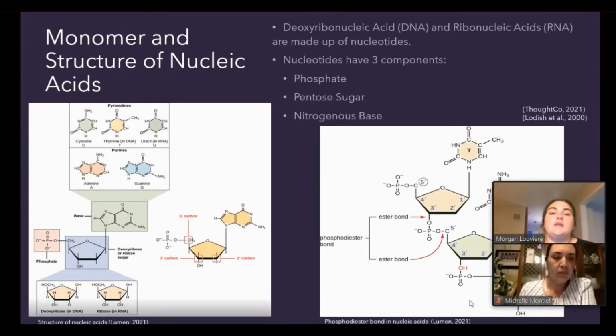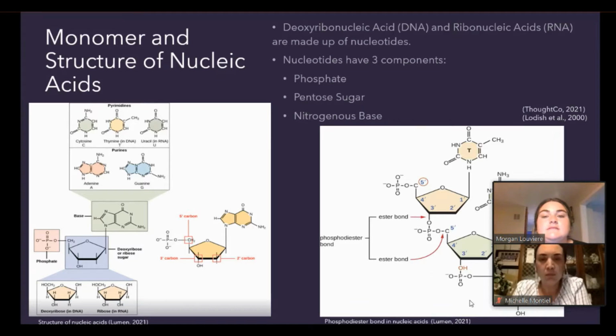So like I mentioned on the previous slide, there are 2 types of nucleic acids, DNA and RNA. They're each going to be made up of nucleotides that consist of a phosphate group, a 5-carbon sugar, and a nitrogenous base. The nitrogenous bases are classified as either a purine or pyrimidine. The sugar in DNA and RNA are different though.